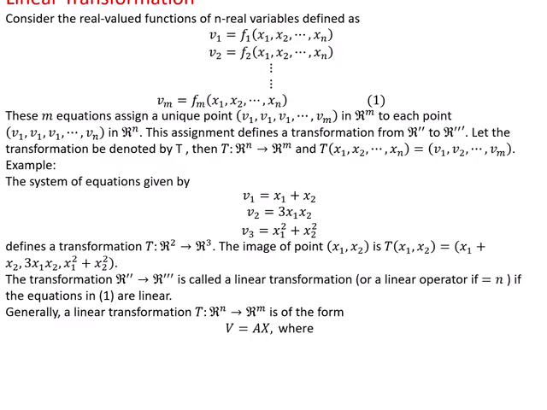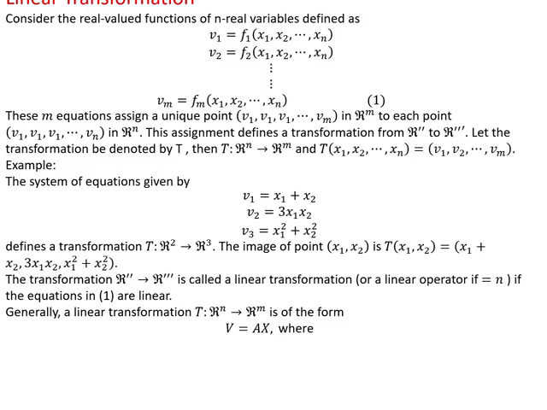So the next one you have here is the linear transformation. We have talked about linear mapping, so we want to look at the linear transformation. Consider the real valued functions of n real variables defined as this.